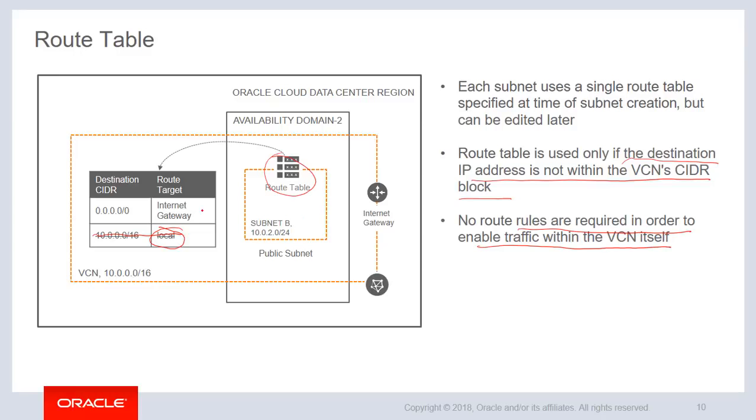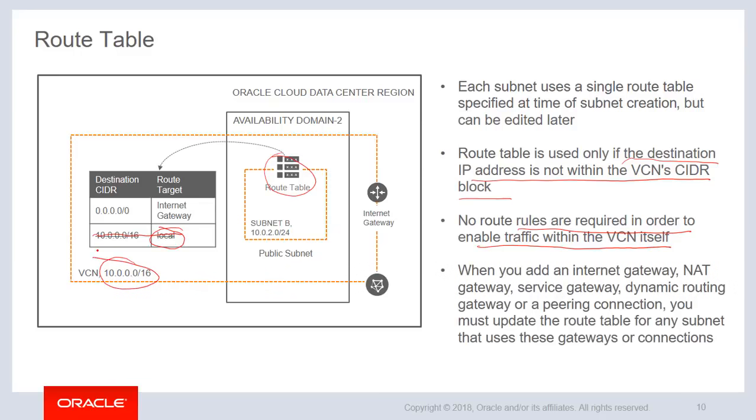You don't really need that rule, because the route table in our context is only used for sending the traffic if the destination IP address is not within the VCN's CIDR block, this particular block.